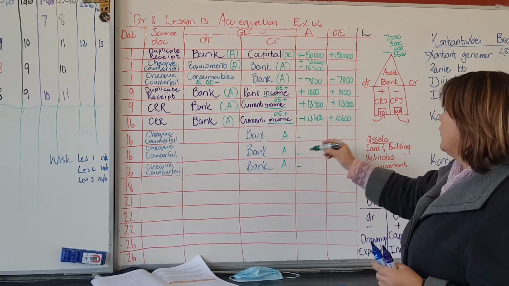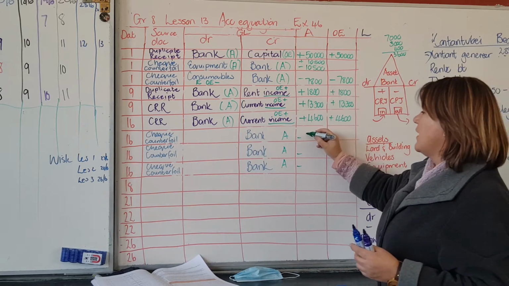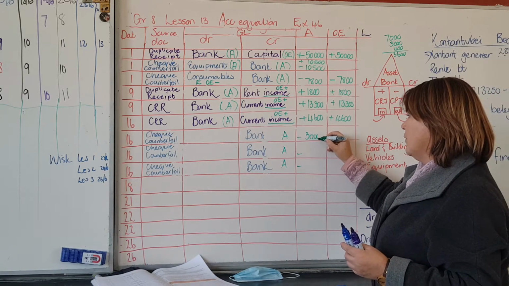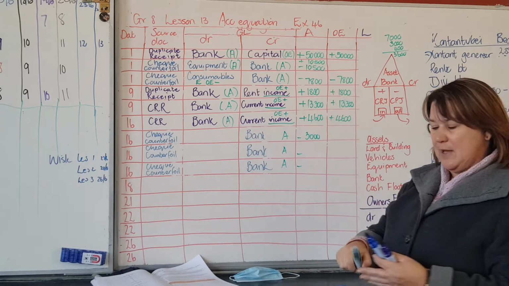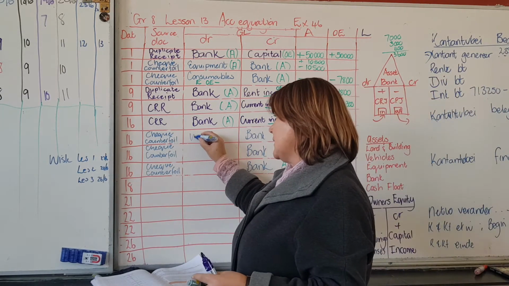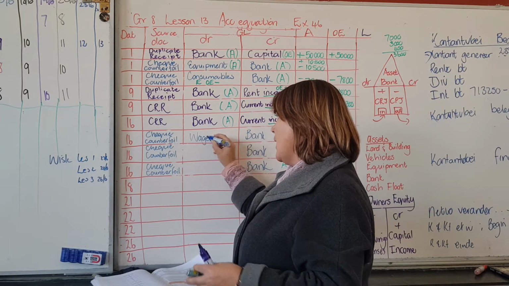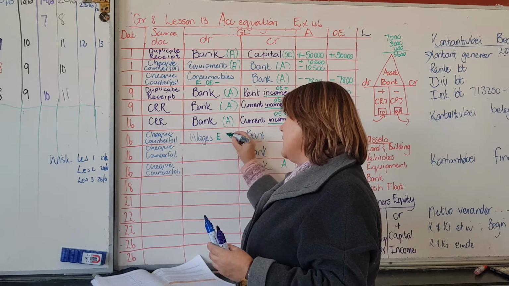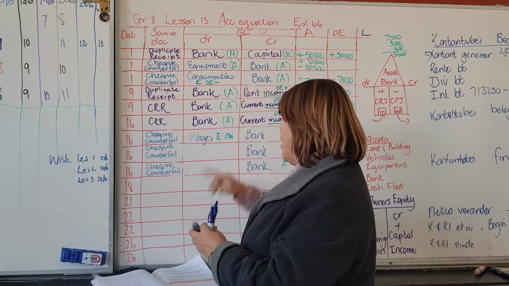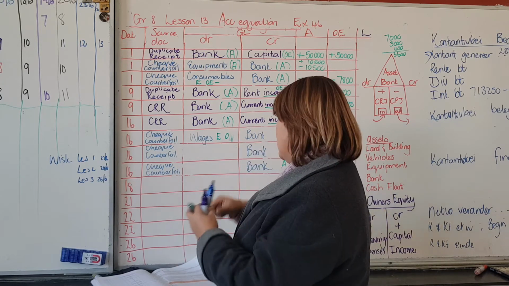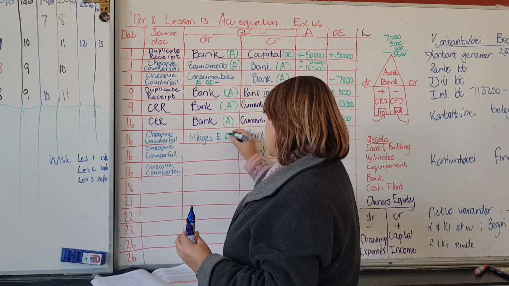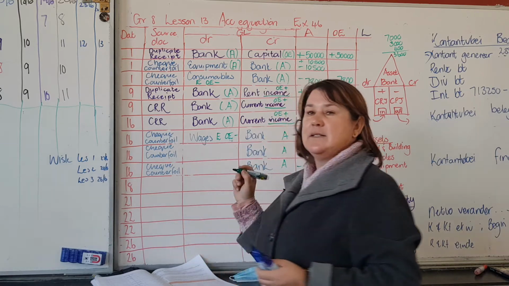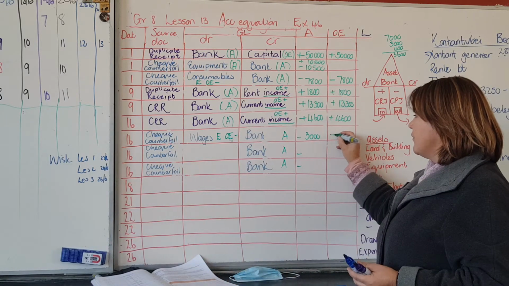Right. As far as I know, the first one was 3,000 Rand. What did you pay with that 3,000 Rand? Wages. Wages is an expense. And an expense decreases your owner's equity. So your owner's equity decreases with 3,000 Rand.